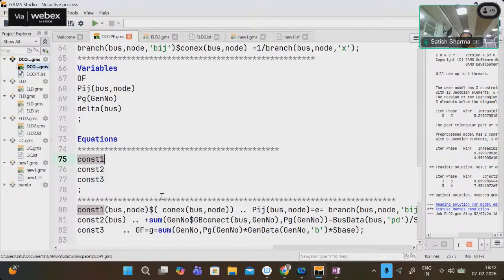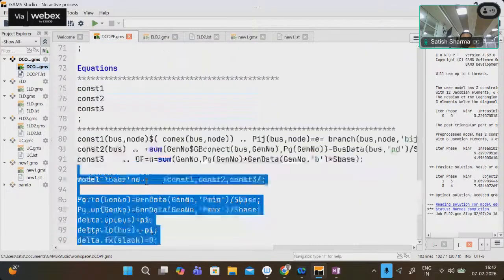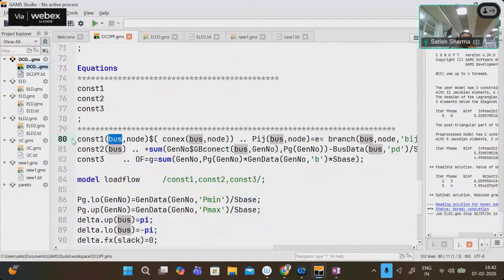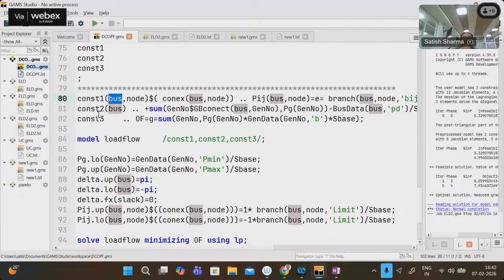Now Pij is provided here. You can see that the constraint is between a bus and a node. For any Pij, for all ij in the set of lines, we have to write it down.